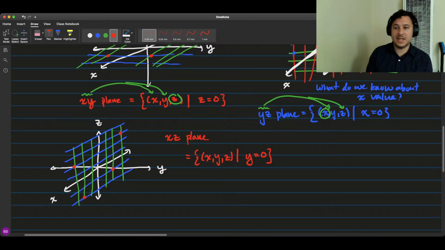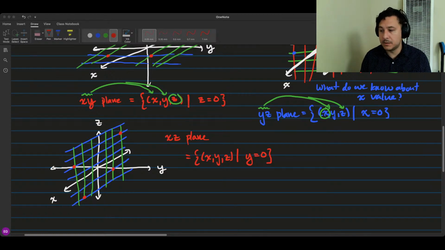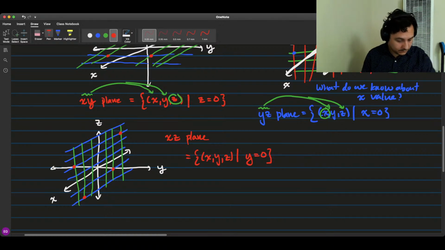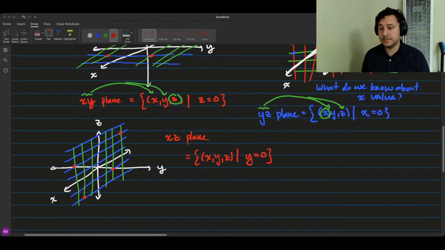Okay, so these are the 3 named planes that you need to know about. Okay. Questions so far? Cool.